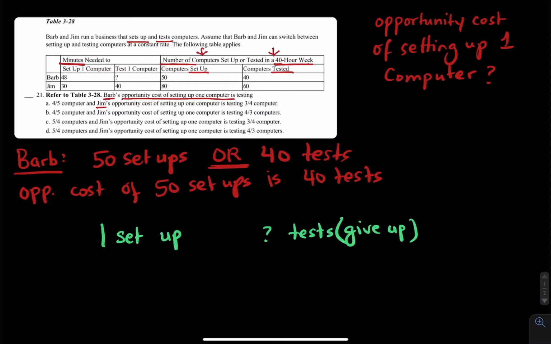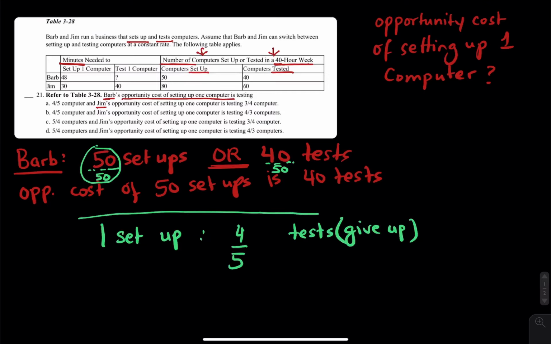Now this should look easy because you can literally divide each side by 50 to get what it takes to do one setup. So what is that then? One setup, which is your left-hand side right here, is going to be equal to 4/5 tests. Right, so that's what it is for Barb.